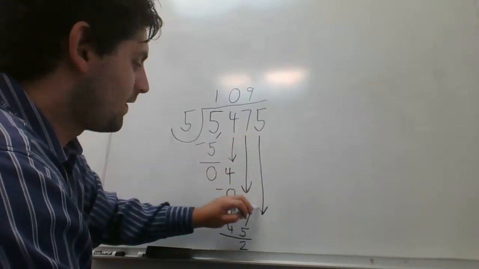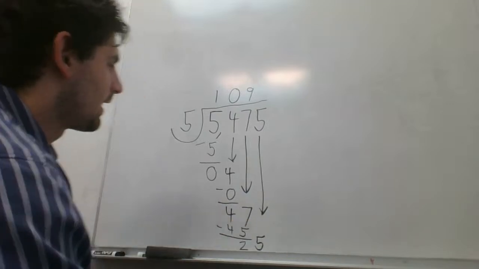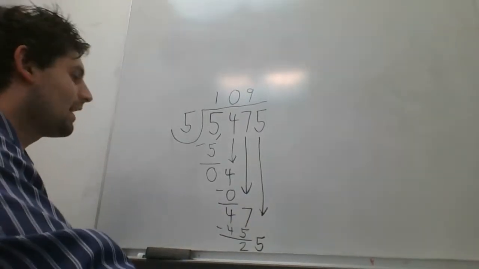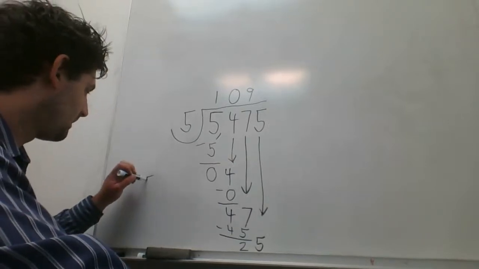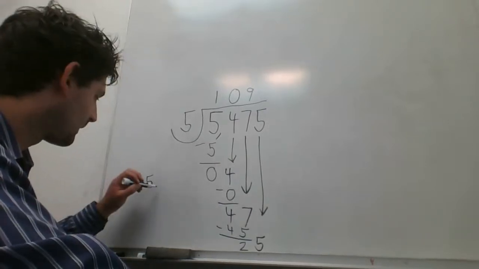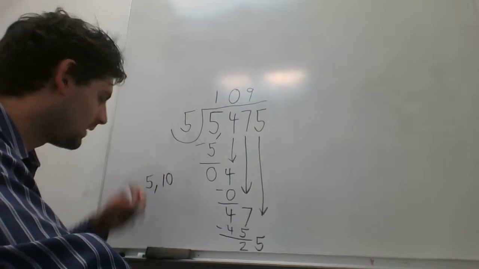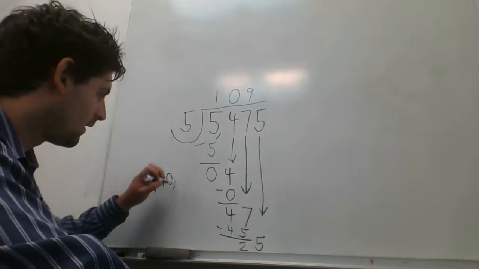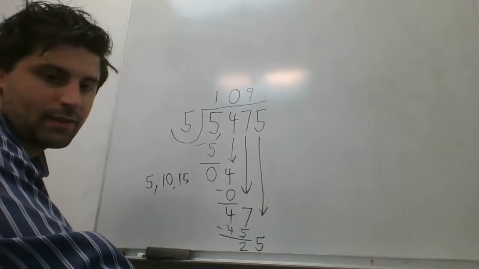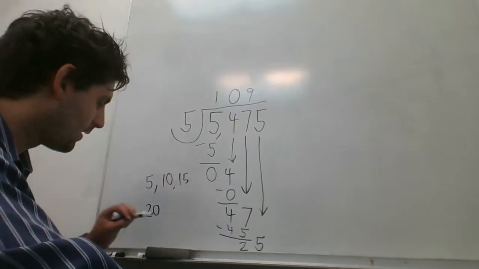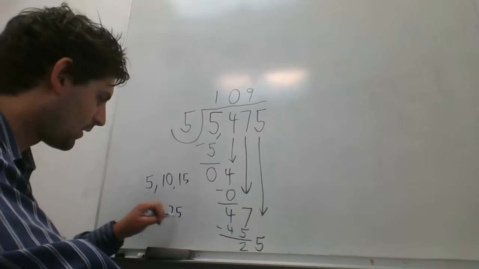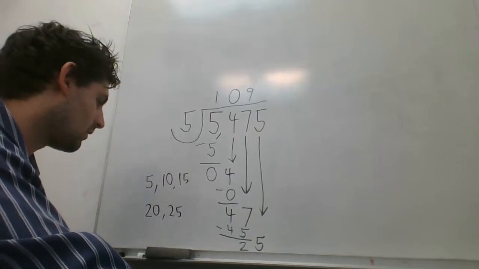Bring down the 5. Got to figure out how many groups of 5 go into 25. So let me count that out here. 5. That's one group. 10, 2 groups of 5. 15, we're at 3 groups of 5. 20, we're at 4 groups of 5. 25, we are at 5 groups of 5, and there is no remainder.